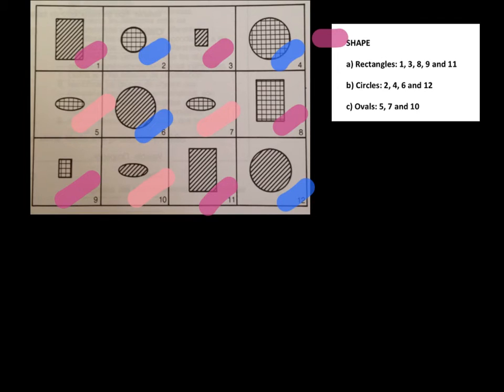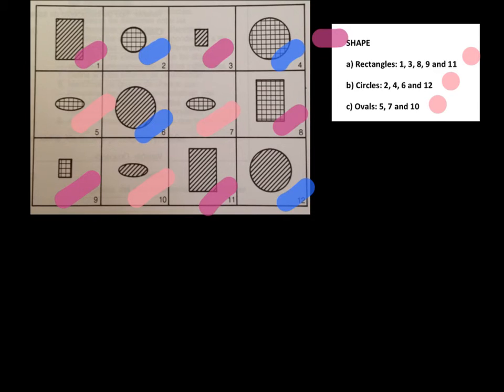As you can see, we don't have repeated elements of this set in the different criteria. I mean, if you check this, we have number 1, 3, 8, 9, and 11 for rectangles. We have 2, 4, 6, and 12 for circles, and we have 5, 7, and 10 for ovals.